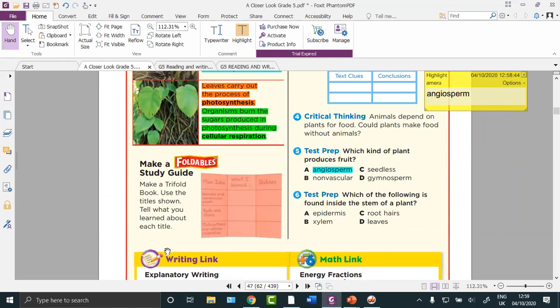Yes, mister. Number 6. Which of the following is found inside the stem? Xylem. Yes, xylem. Okay, now open your workbook.